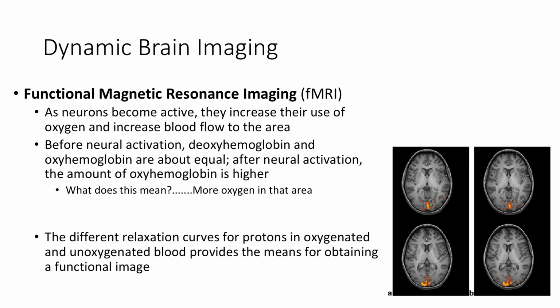Let's say, for example, you're lying in a scanner getting an fMRI and you get a visual stimulus, for example you have to watch a movie. There will be a lot of oxygenated blood going to your visual cortex, towards the back of the brain. If you put this fMRI picture on an anatomical image, you can see exactly where in the brain there was an increase of activation.